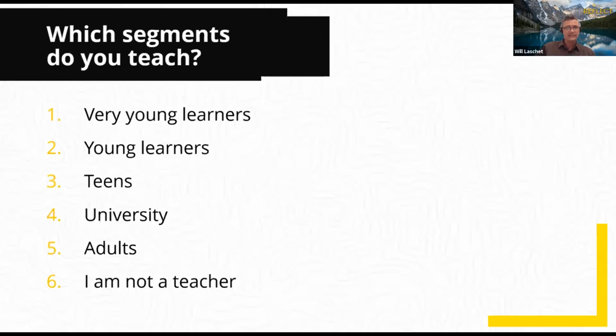So we can see here, this is good. The majority, 50% of you, are teaching teenagers. That's perfect for the academic materials we're looking at today. In second place, we've got university: 32% are teaching university.